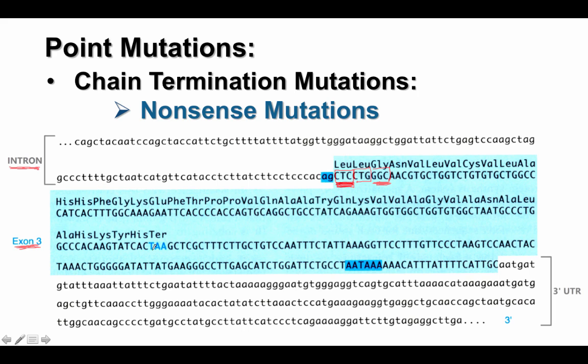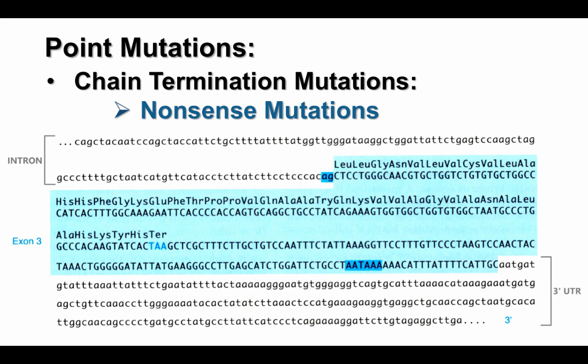Also, within the exon, you can see TAA, which this triplet of nucleotides corresponds with the stop codon in the messenger RNA transcript, and you can see above it, it does not have the abbreviation for an amino acid, instead it has the abbreviation for termination.